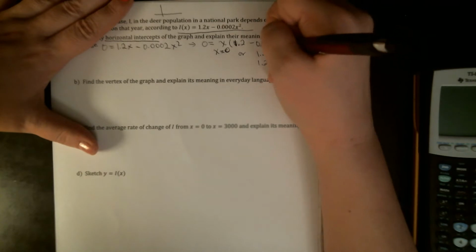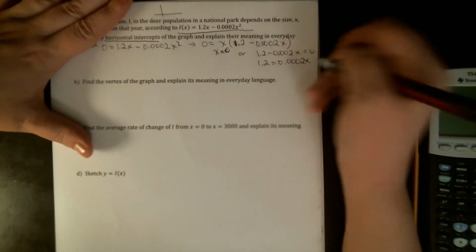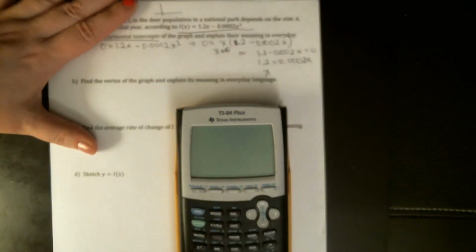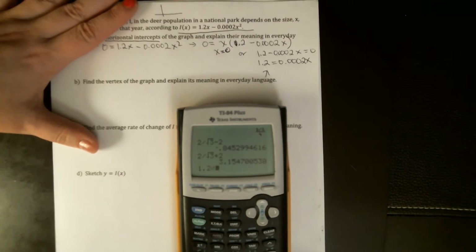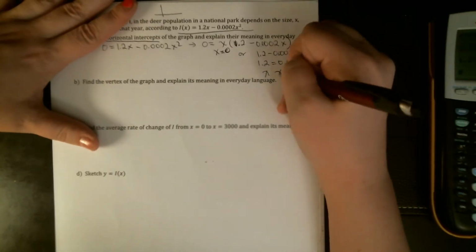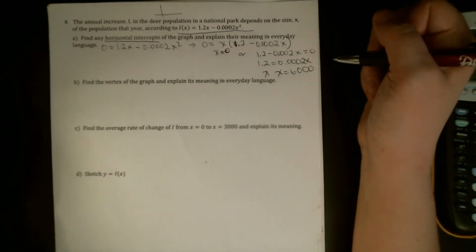Too many zeros. And then we can divide, and I'm going to go ahead and ask my calculator since I'm running out of room. 1.2 over 0.0002 is 6,000. Okay, so I have intercepts at 0 and 6,000.